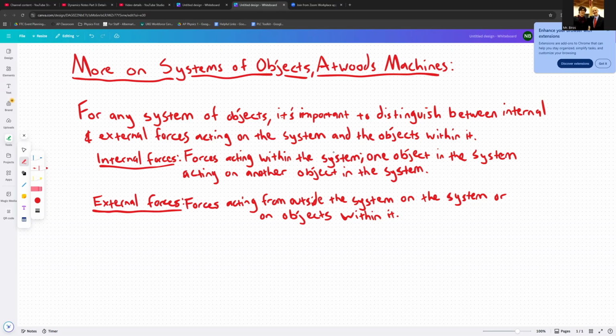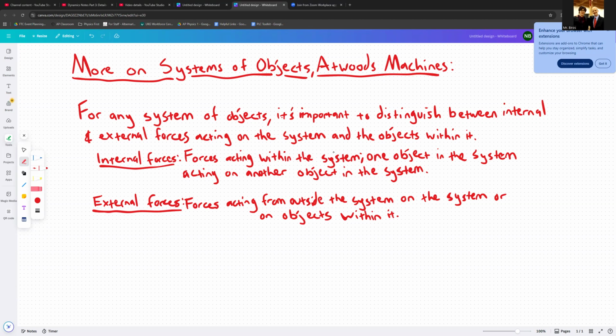But we know from systems that we could also view the box and the books as a system of objects made up of all those individual objects. So internal forces would be the books pushing or pulling on each other. If three books are sitting on top of another stack of books, then those three books on top are putting a force on the books below them.